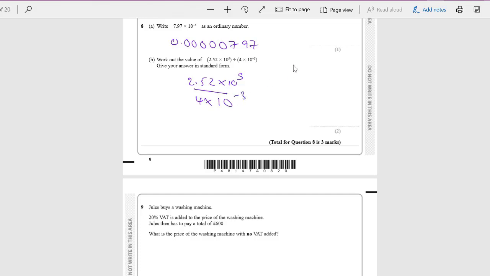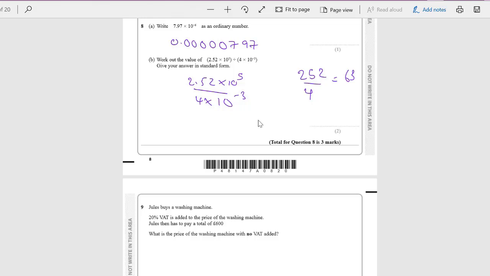Right, so the first thing we can say, let's take these values here. So let's take 252 and divide it by 4, which will give us 63.